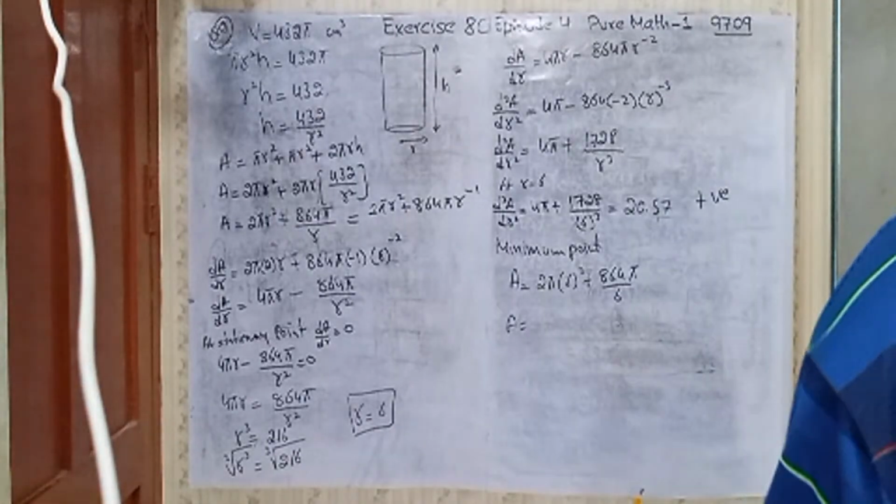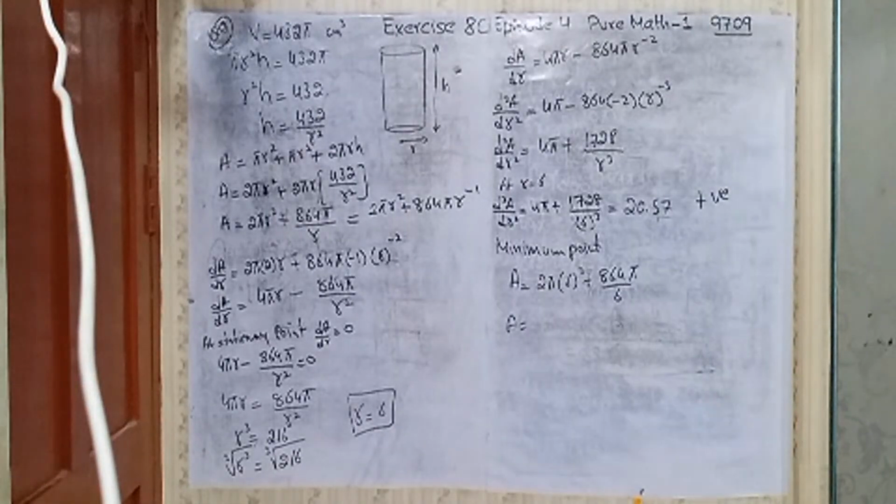It's now just calculation. So I can do this calculation: 2 multiply pi multiply 36, plus 864 multiply pi divided by 6, which equals 678.